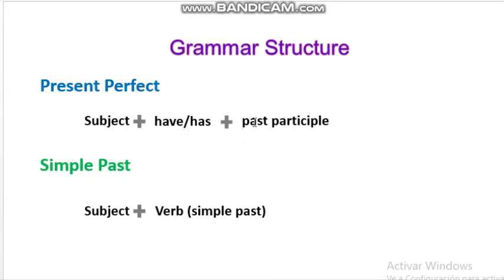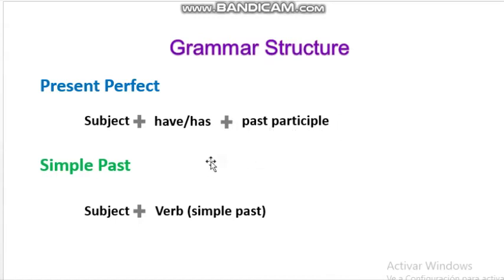That means that the past participle is the third column of the verbs. So we can say, for example, I have forgotten to do my homework.